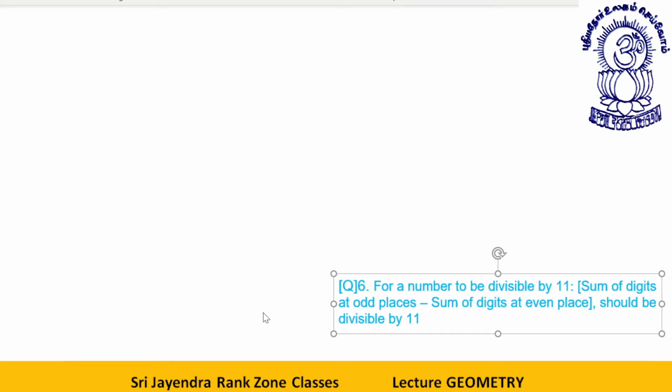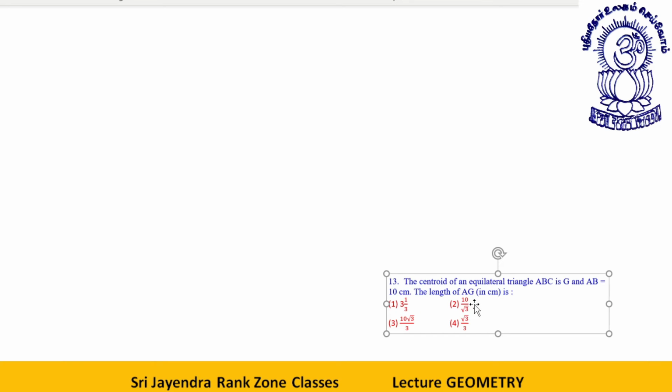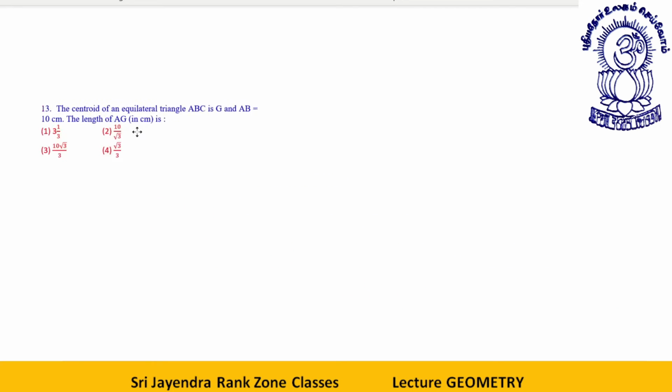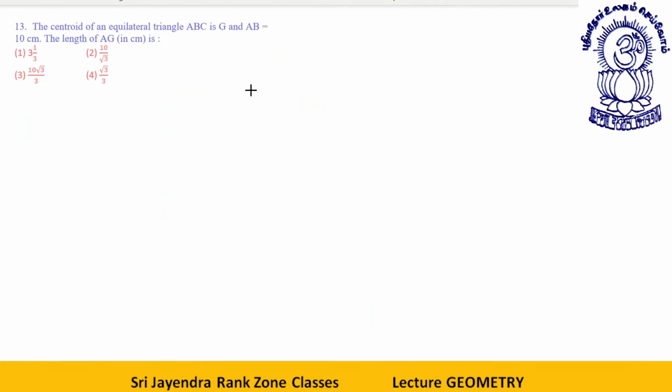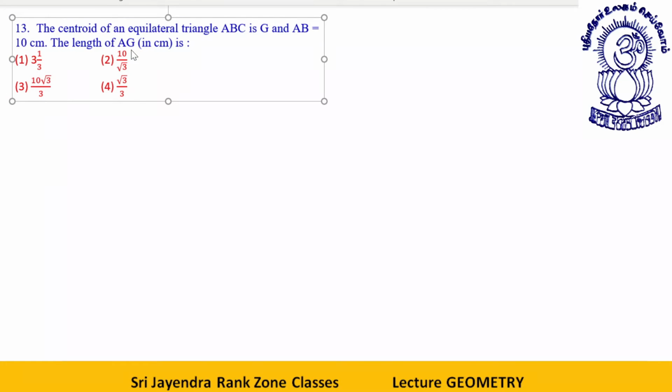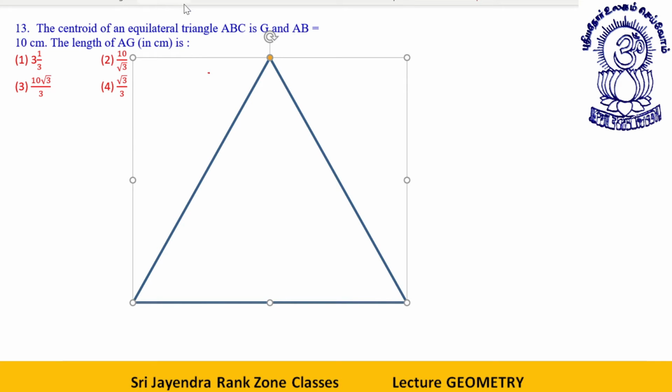So the next question we have is, the centroid of an equilateral triangle ABC is G. Okay, we have an equilateral triangle whose centroid is G. Centroid is G and AB is equal to 10 centimeter.